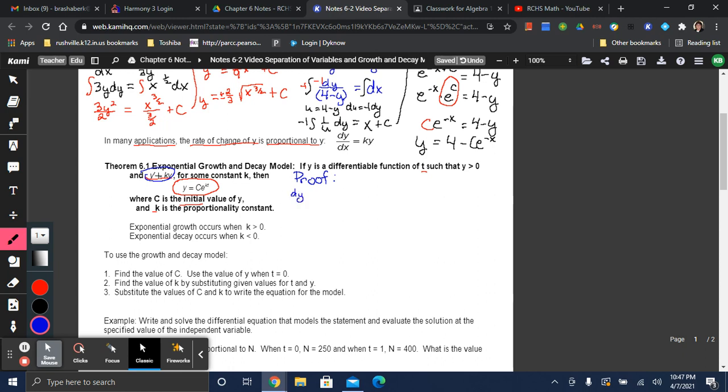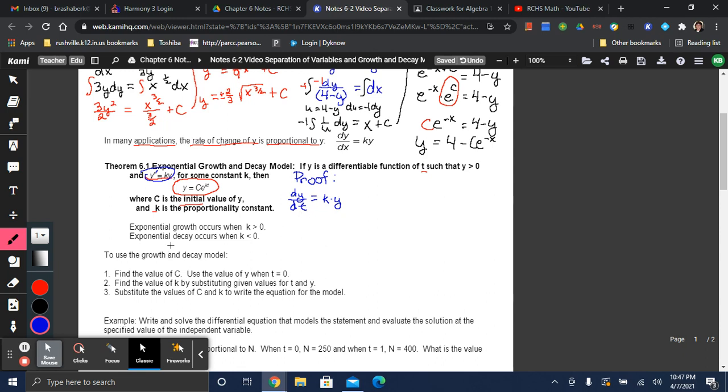And again, you can't see that very well, but that is y prime. Sorry, it's not dx, it's dy dt, because it is a rate of change with respect to time. So dy dt would equal k times y. It's proportional. The rate of change of y is proportional to y.